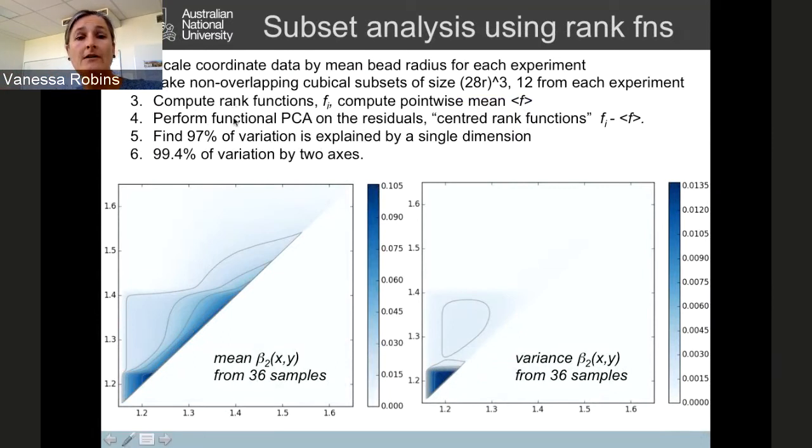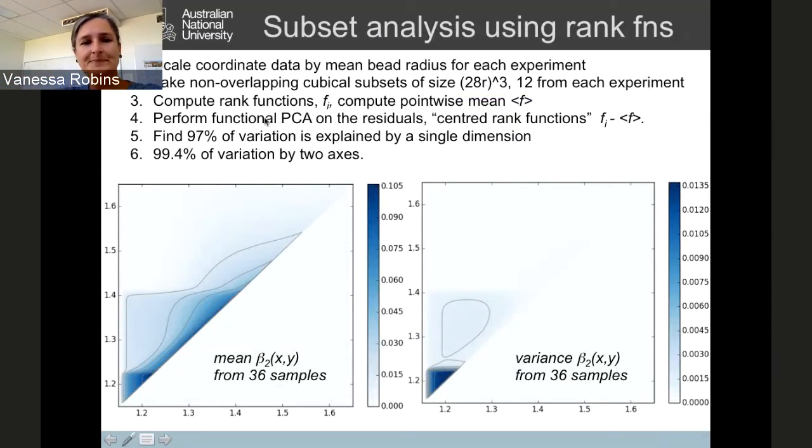And what we found is that in a subset of 36 sphere packings, 97% of the variation was explained by a single dimension of variation. So that was a pretty nice result, showing that the persistence diagrams of these bead packings really do vary according to a single parameter.